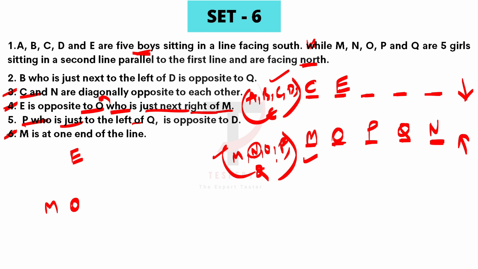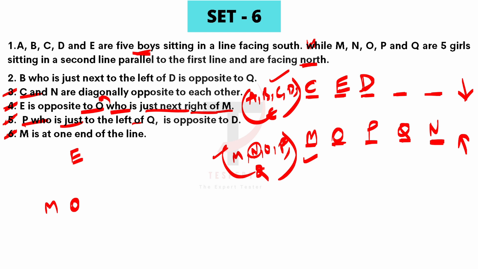And the next part of this statement is P, who is just to the left of Q, is opposite to D. P is opposite to D. So D must come here, just opposite to P. Now the last statement is the second one, B, who is just next to the left of D. Since B is facing the south direction, just next to the left means immediate left.